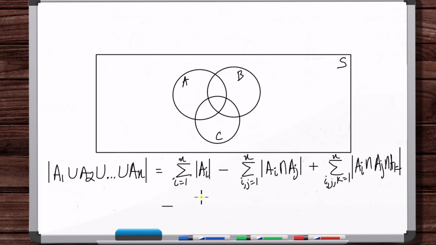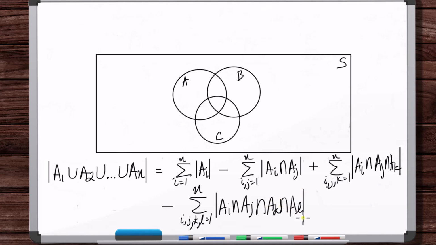So you'd subtract the sum over I, J, K, L equal to 1 to N of A_I intersection A_J intersection A_K intersection A_L. And then you would add the next sum, and you just keep going all the way until you get to the intersection of 4 sets.